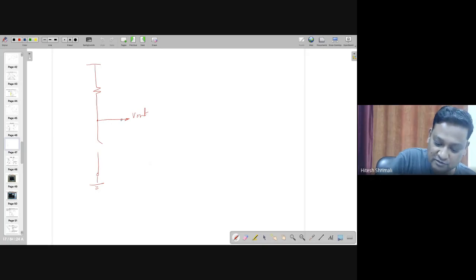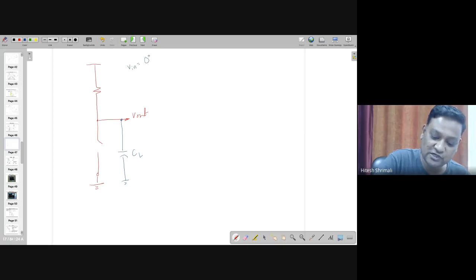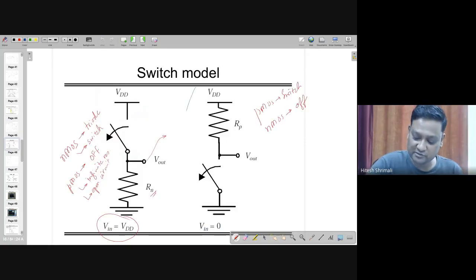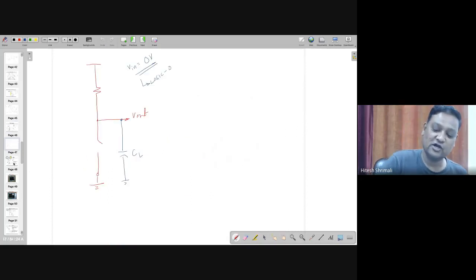So this load, I call it load capacitance CL. When Vin equals 0 volt, or digital logic 0, I know that Vout becomes digital logic 1. But it's not happening instantaneously that Vout becomes logic 1. So what is going to happen?